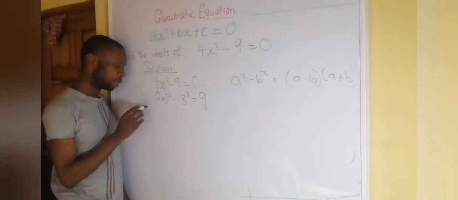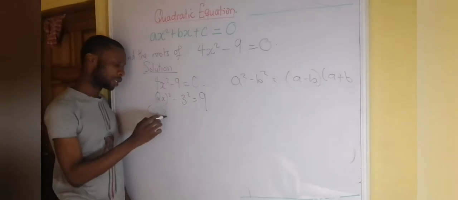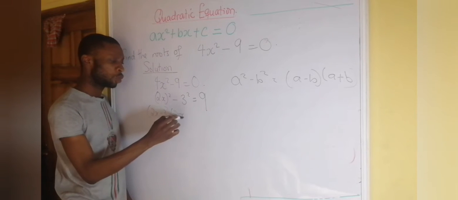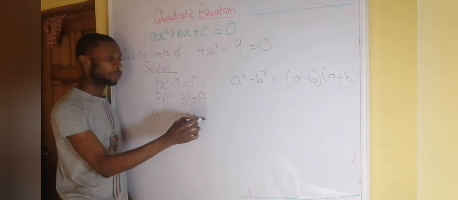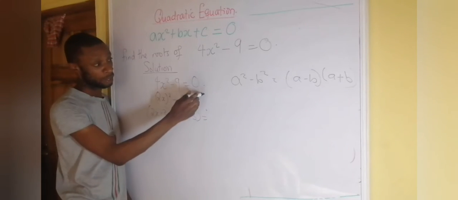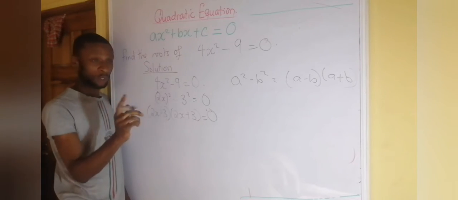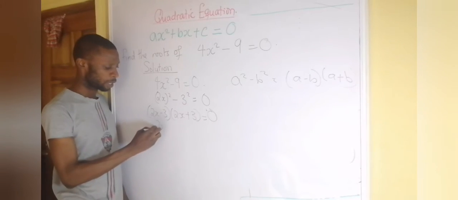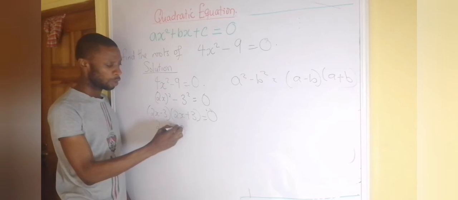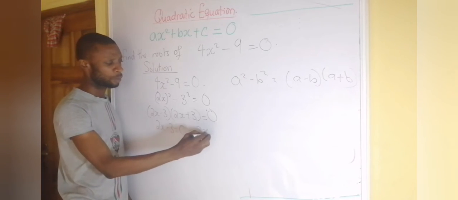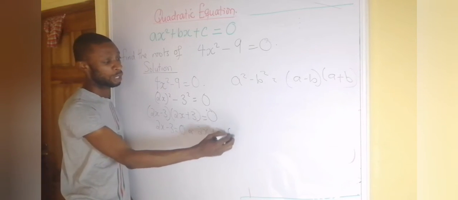So this one will be (2x minus 3)(2x plus 3) equals 0. So you have 2x minus 3 equals 0, or 2x plus 3 is equal to 0.